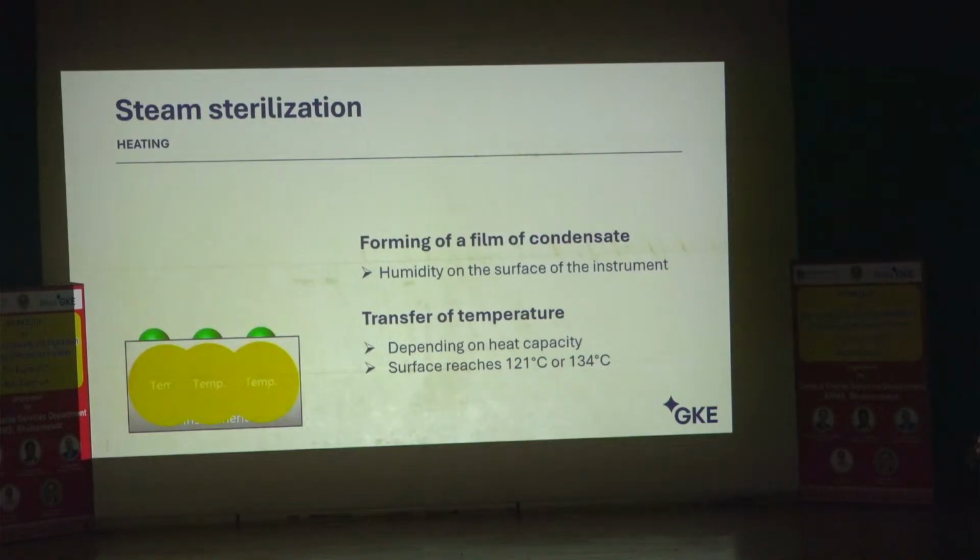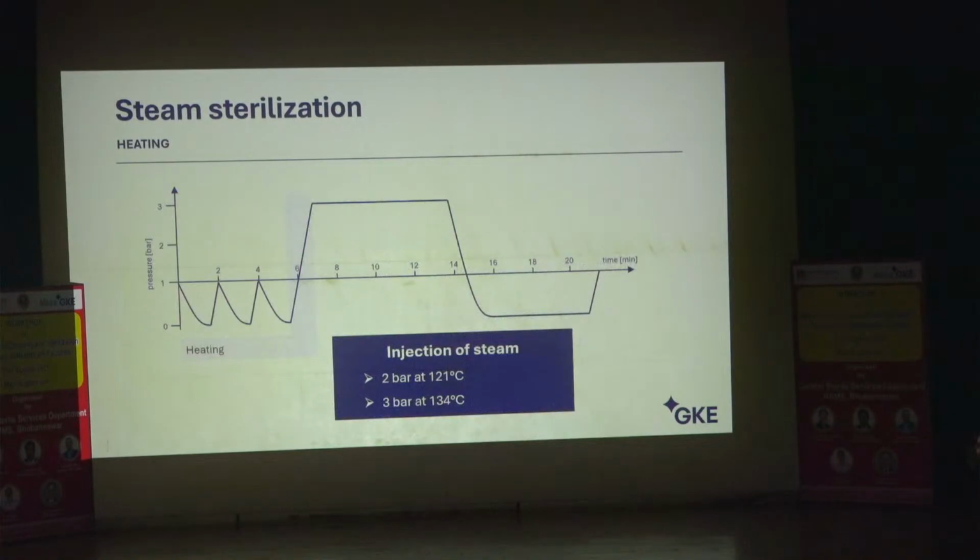Let's start with the heating. Now we have put out the air here, and now we inject the steam. This is the same in every sterilizer, because it needs to go up here to 3 bars in order to obtain the 134 degrees centigrade.